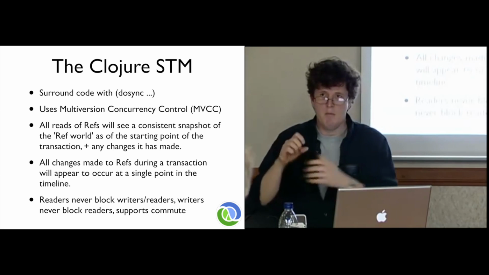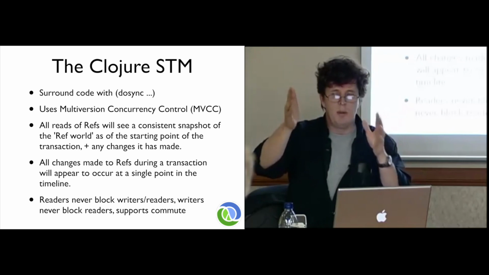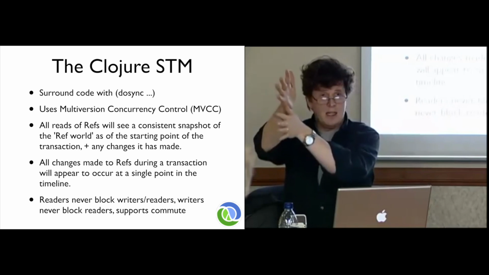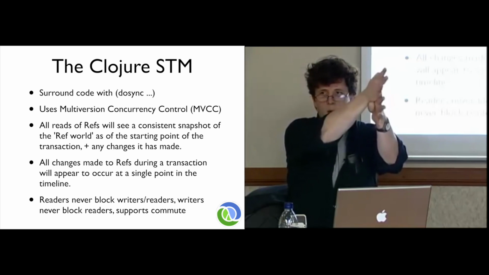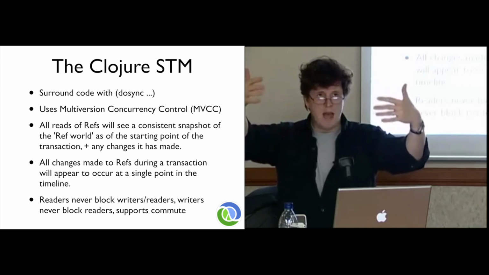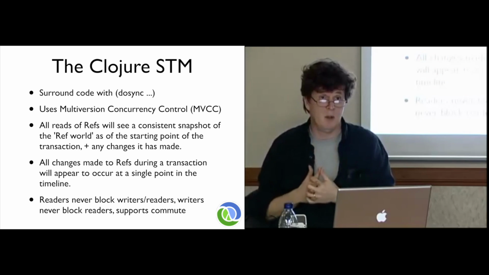In addition, if I make changes in a transaction, when I commit, those changes will appear to happen, from everybody else's perspective, as if they happened instantly at the same point in time. So nothing is spread out over time. You're reading a point in time, you're writing a new point in time. And the effect of that from a consumer standpoint is you always see a consistent view of the entire world. Every reference you see inside a transaction, whether you're a reader or a writer.